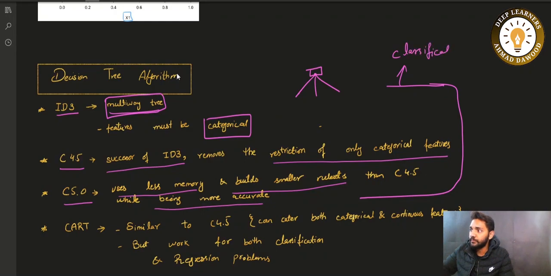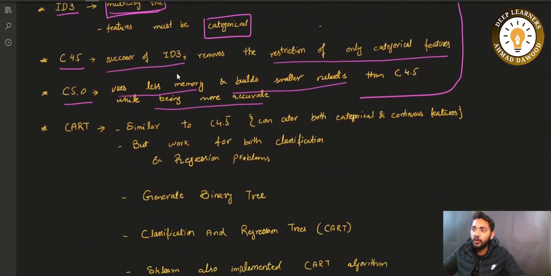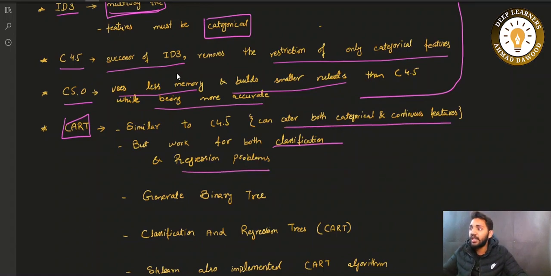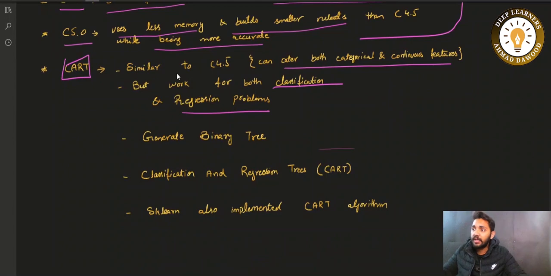There is another algorithm that can work for both classification and regression problems, and it can also cater to both categorical and numerical, or you can say continuous, independent features. But it is restricted to the binary tree. It can only grow a binary tree which will have two branches at each node.